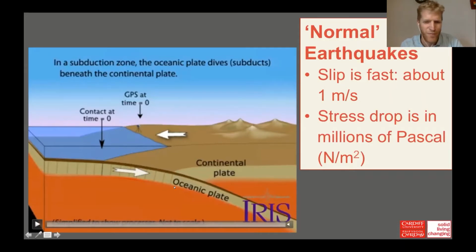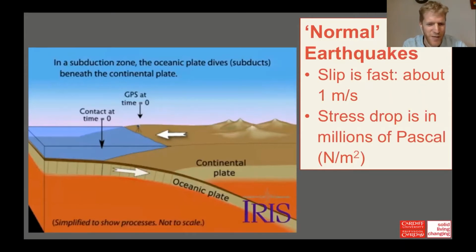The ocean's less buoyant, it's denser, so therefore it goes underneath the continent. And it does so at an average rate of centimeters to tens of centimeters per year, a little bit like fingernail growth, so very slowly. But that steady deformation is generally occurring incrementally in earthquakes.